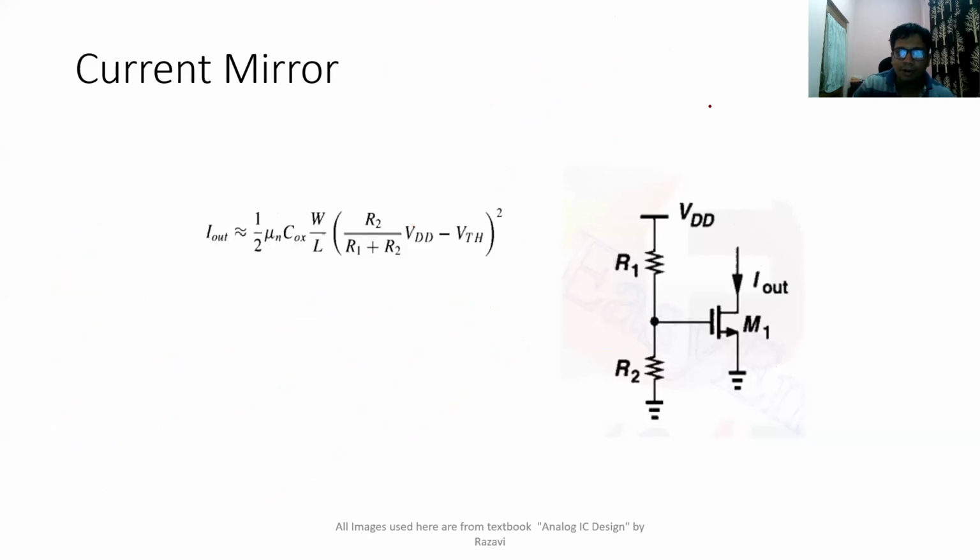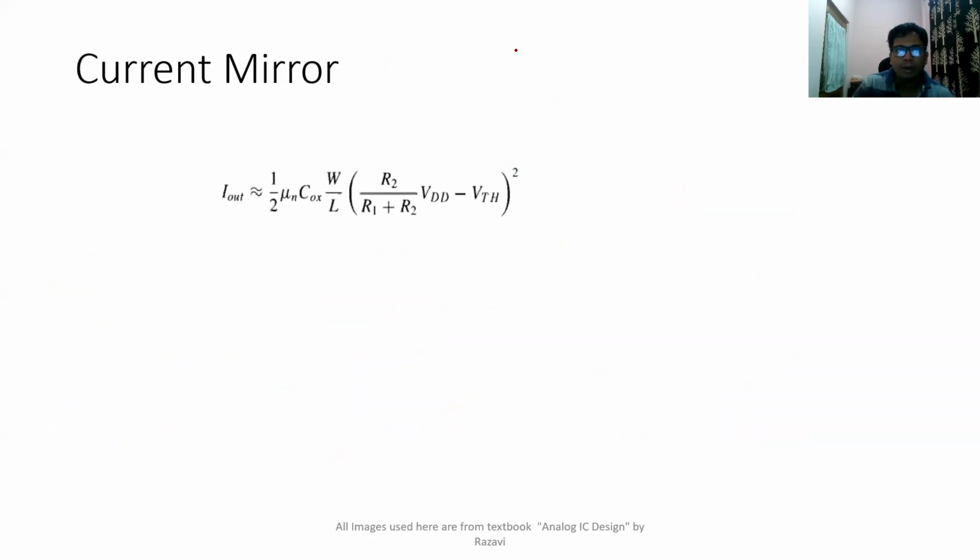In order to copy this current, we use what are called current mirrors. So current mirrors are used to copy the current. And how do they copy? They copy like this.